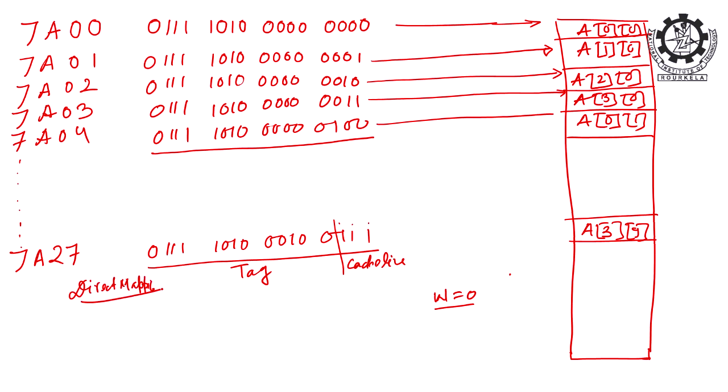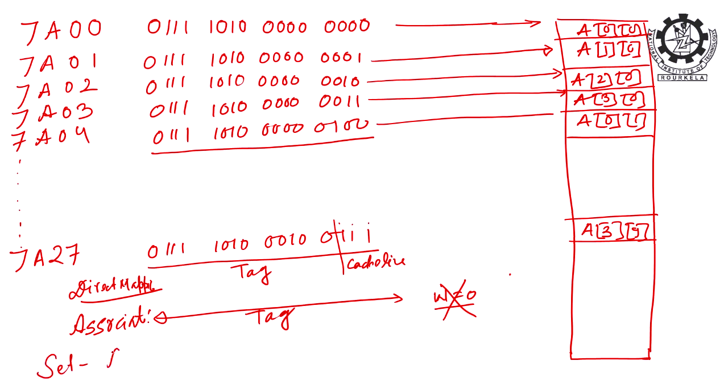Now, in case of the associative mapping, what will be the situation? Associative mapping, if you remember, you had word, but word does not exist in this example, and then the rest are tag. So, therefore, all 16 bits will be the tag in case of associative mapping, right.